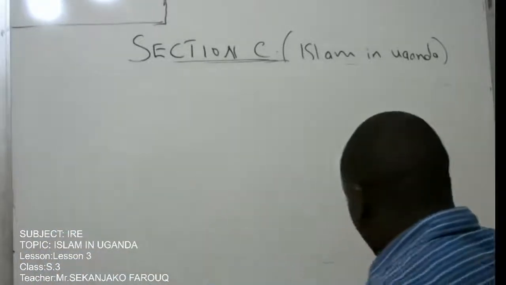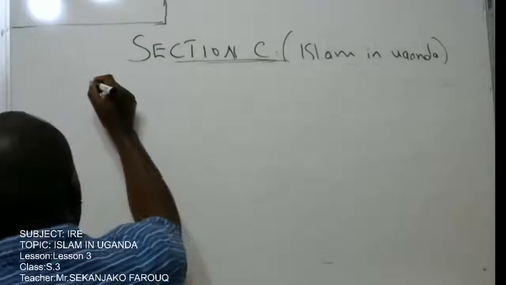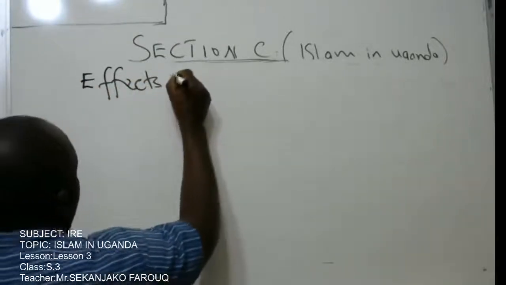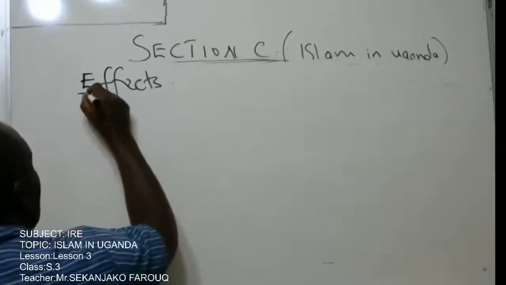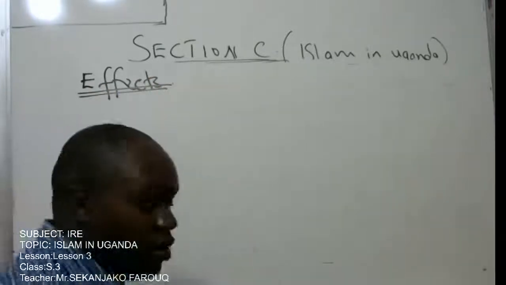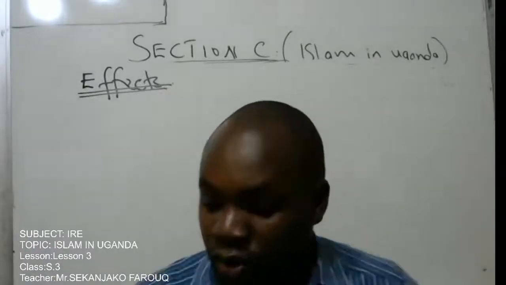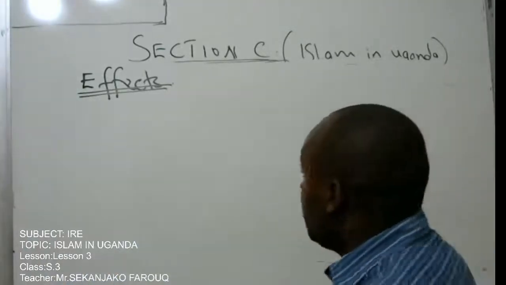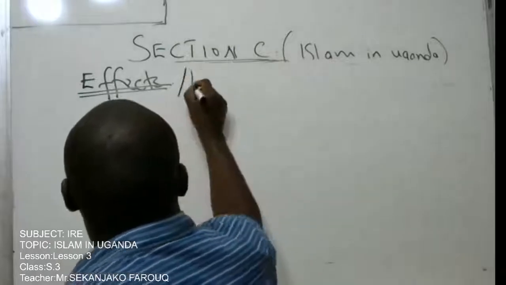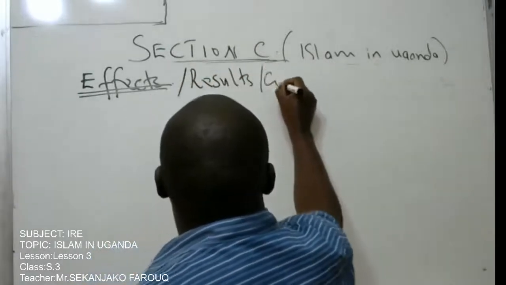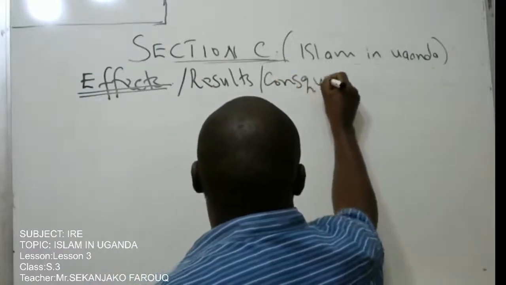We're going to use very few minutes to look at the effects of the Muslim, of the political religious wars. In other words, what was the outcome? When we talk about effects, we are talking about result. We are talking about consequences.